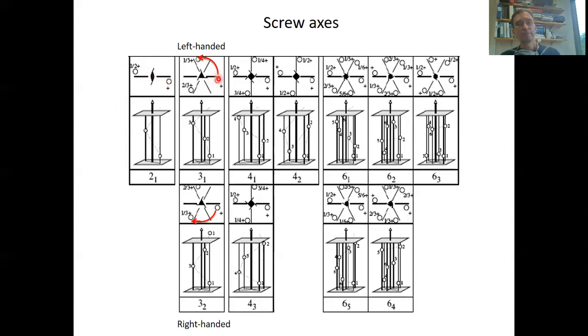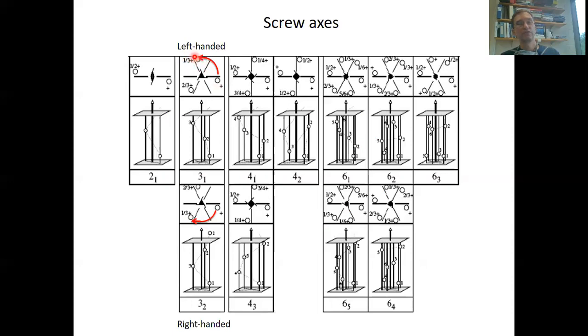Now what will happen with this atom here as we carry out the symmetry operation? Well, of course, we would need to rotate by 120 degrees, and then we would have to translate by 1/3 of the unit cell parameter. This is indicated here by 1/3 plus. Then our atom would sit here. Note that it's not sitting in the same plane as this one, but elevated relative to this one, exactly by 1/3 of the lattice parameter.